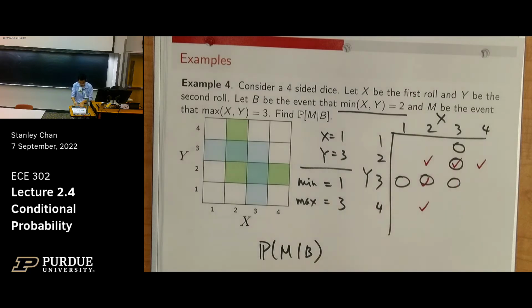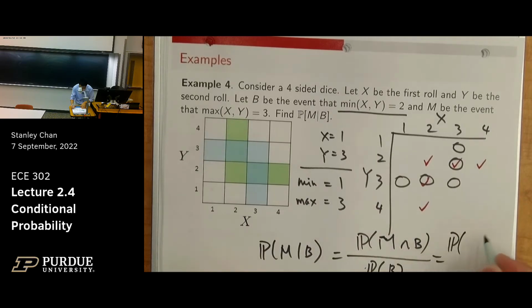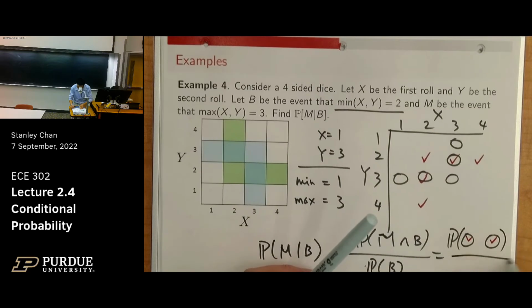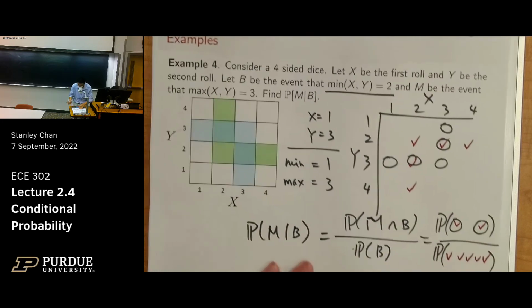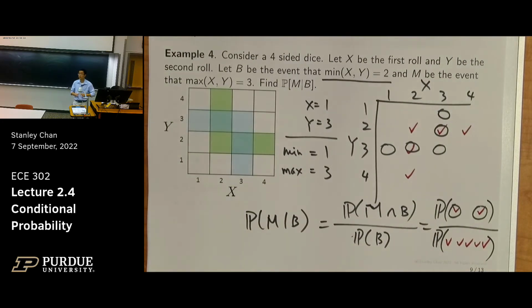So that will give you the probability of M intersect B divided by the probability of B. This is going to be the probability of circle and check, divided by the probability of how many checks? 5. 1, 2, 3, 4, 5 checks. So that's going to give you 2 over 5. So this is the probability of M given B.